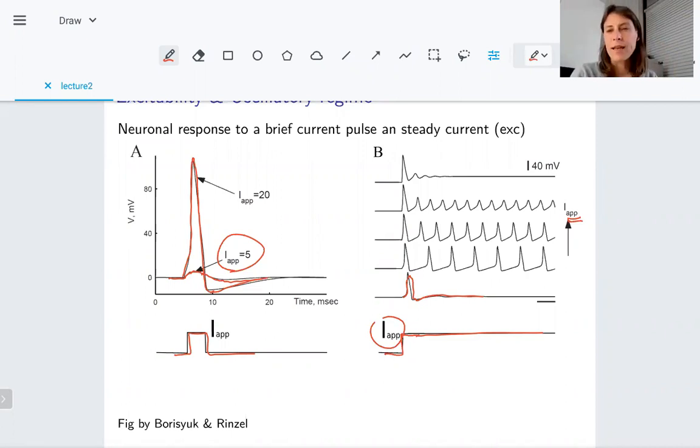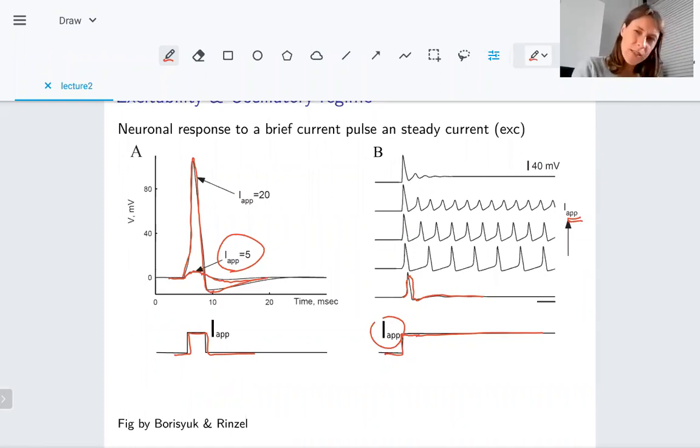And actually, in these high voltage values, the cell is not excitable anymore here. Okay. Sometimes this is called the oscillator's death.